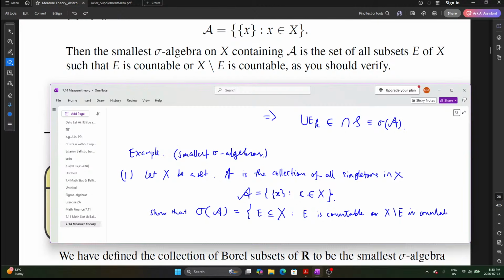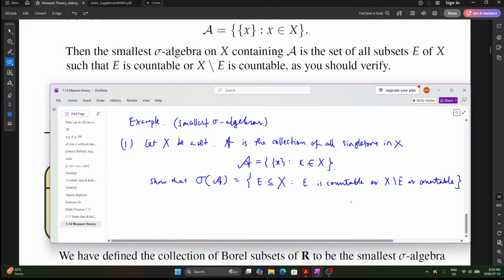Of course, we have already seen this is a sigma algebra. Right? But how do we show this is the smallest sigma algebra generated by A? Or just the sigma algebra generated by A?